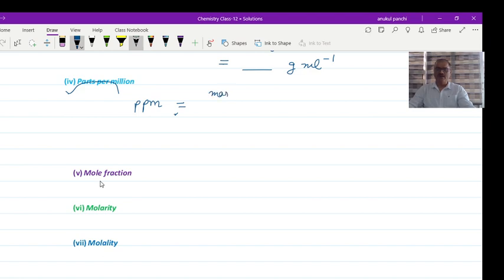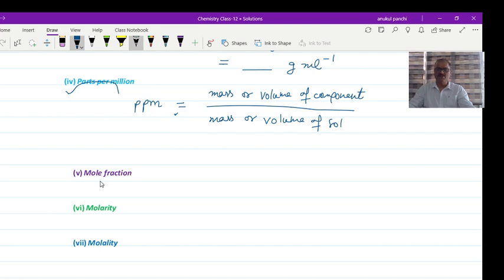So you can say mass or volume of component divided by mass or volume of solution into 10 raised to power 6, million. It becomes ppm. Okay. So if we take mass upon mass, then it will become mass per million.